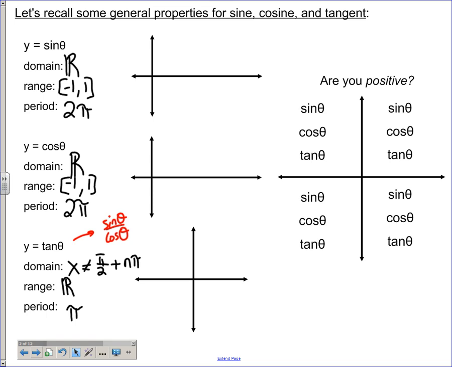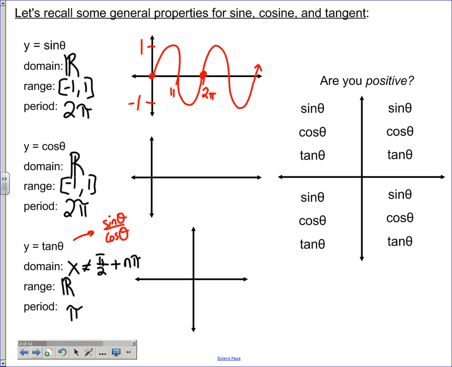All right. So a quick sketch. Sine oscillates, starting at 0, approaching its maximum at 1, and then going back to 0, back to a minimum, and then returning to its original point in one full period at 2 pi.